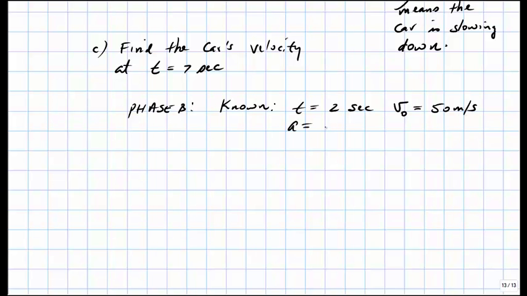And we also know the acceleration equals negative 5.081 meters per second squared. With that knowledge, let's now take a look at our blue box 1D motion equations and see if we can find an equation that solves for the car's velocity.